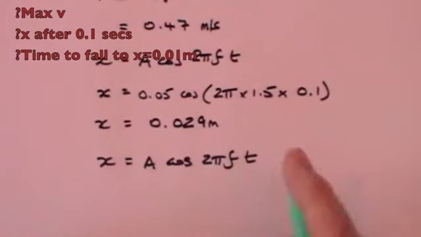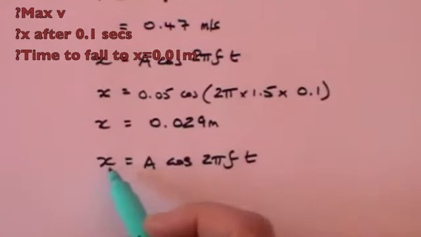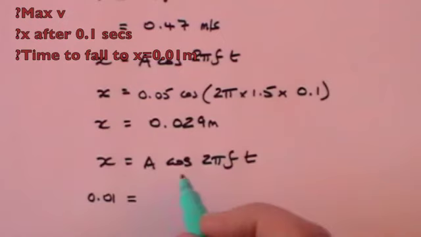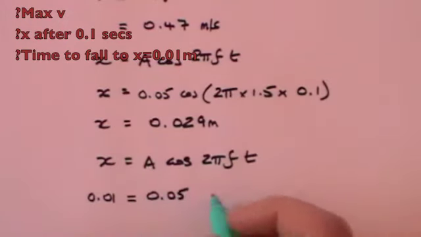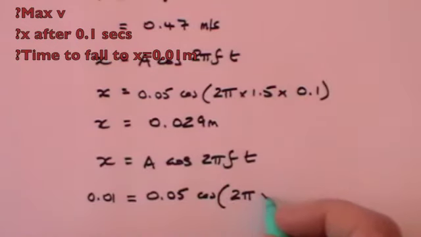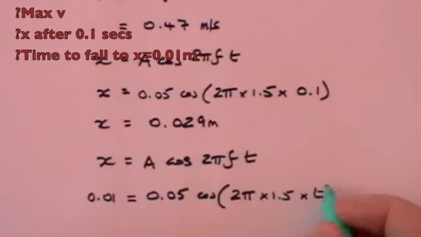This time it's the time that we're trying to find. We know x was given to us as 0.01. So 0.01 is equal to the maximum amplitude, 0.05, times the cosine of 2 pi times the frequency, 1.5, times the time that we don't know.